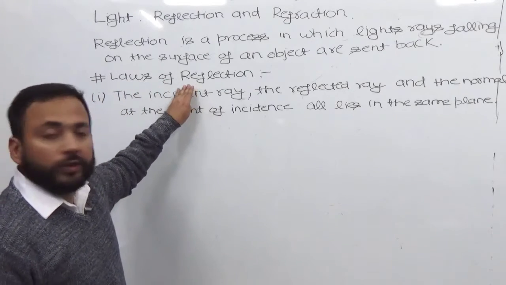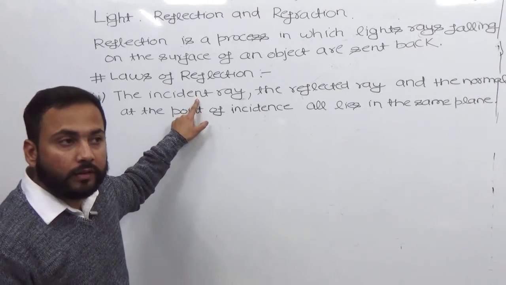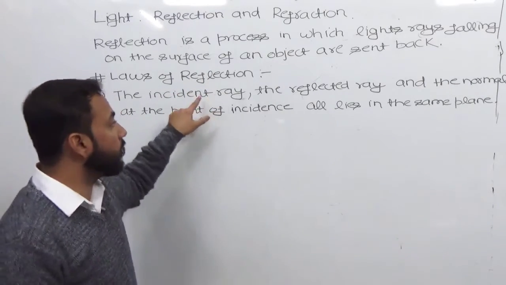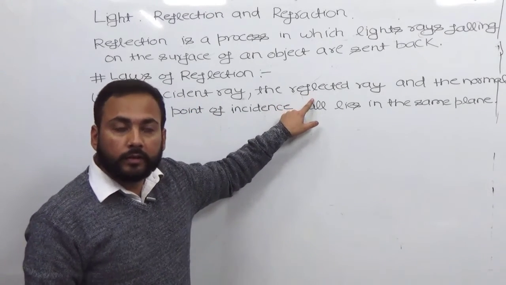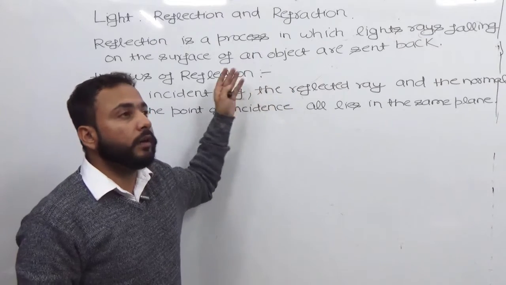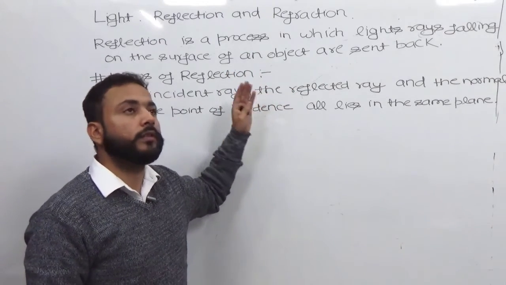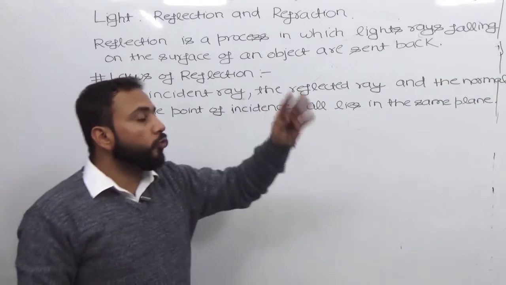So what the first law of reflection says: the incident ray. What is the incident ray? The ray that is coming from the source of light and is striking a surface. The reflected ray. What is the reflected ray? The ray that is sent back after striking the surface to the same medium.